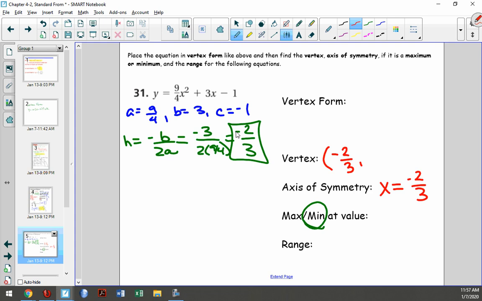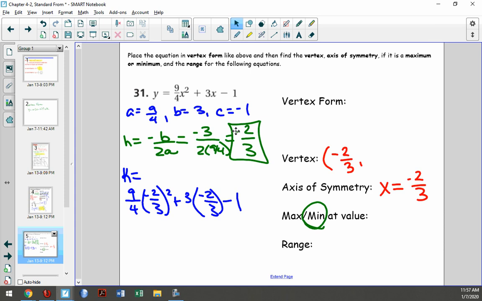We all good? Okay, now what do I need to do? I need to find k. K is going to be equal to 9/4, parenthesis, negative 2/3 squared, plus 3, parenthesis, negative 2/3, minus 1. Now I'd like you all to watch this a moment, how I entered this in. Are you ready?